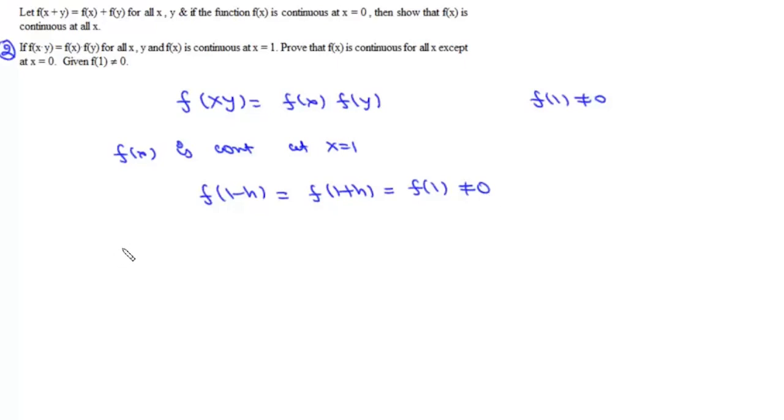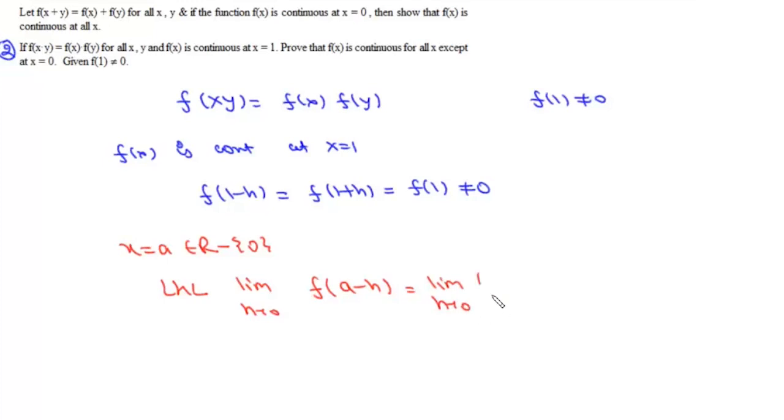Now if we look at any point a which is in R except 0, then we can write the left hand limit as limit h tends to 0 f(a-h). Now we can write this as f, and if we take a common, it will be a into (1 minus h upon a).